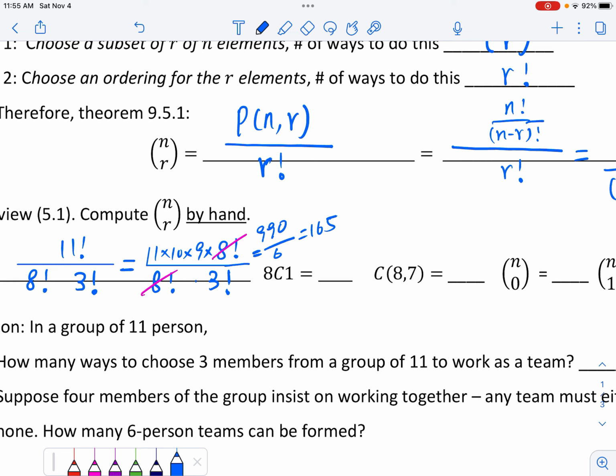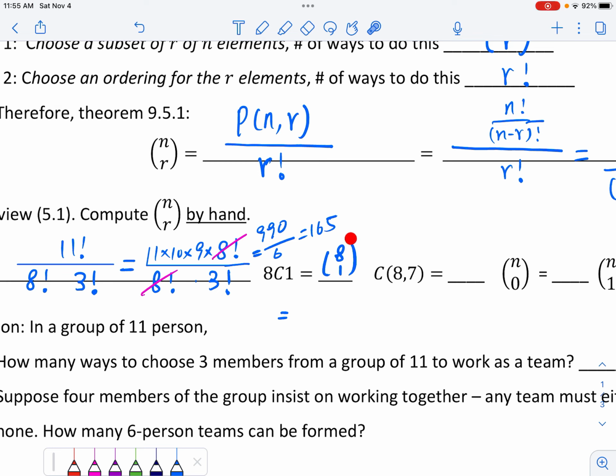And then the next one is you need to be familiar with all these kinds of notation. So this also means a combination, 8 choose 1 basically. So this is the same as 8 choose 1. Basically just imagine how many ways you can choose one element from 8 elements.